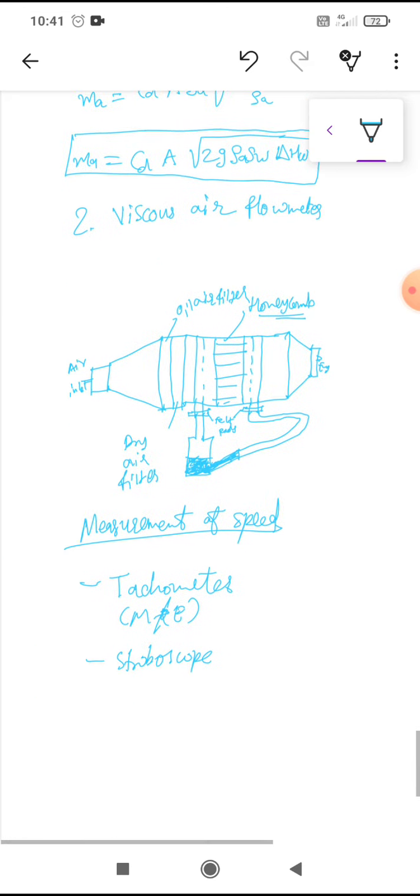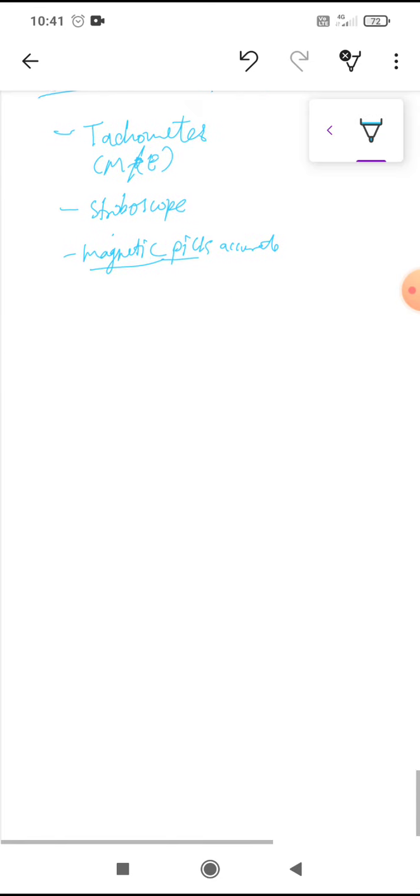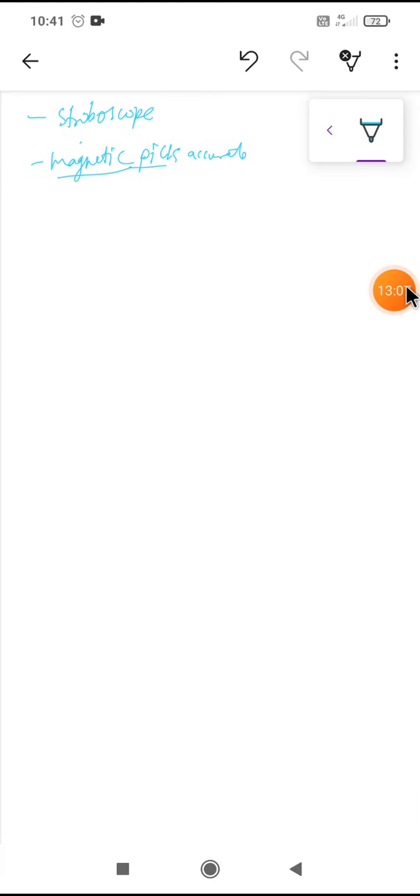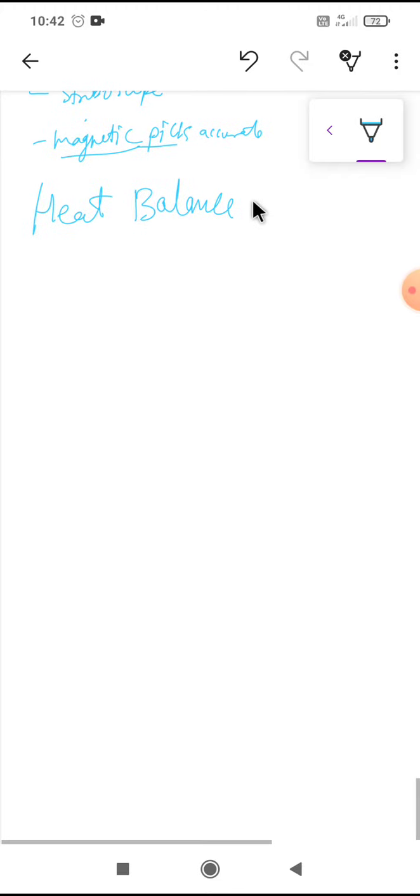Now the next topic is the heat balance sheet or energy balance. Heat balance represents an account of the heat.